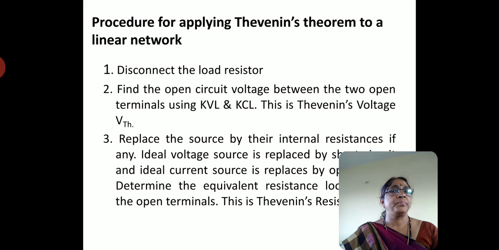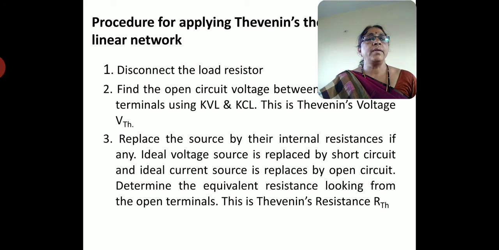The third step is to calculate the Thevenin's resistance. The Thevenin's resistance is calculated by replacing the sources by their internal resistance if they have any. If a source does not have any internal resistance, it is called an ideal source. Ideal voltage sources are replaced by short circuits and ideal current sources are replaced by open circuits.